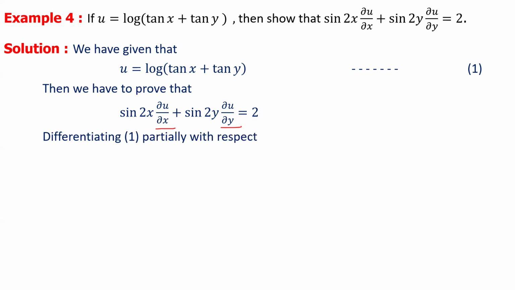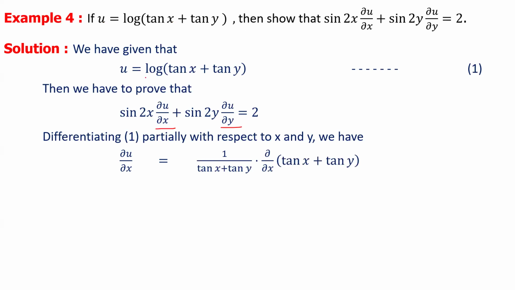Differentiating 1 partially with respect to x and y respectively, we have ∂u/∂x. The derivative of log x is 1 upon x, and then again the derivative of the argument, which is tan x plus tan y. Now, what is the partial derivative of tan x with respect to x?